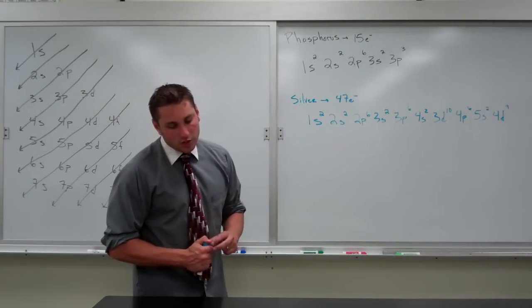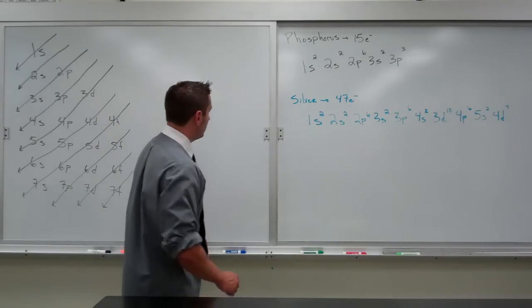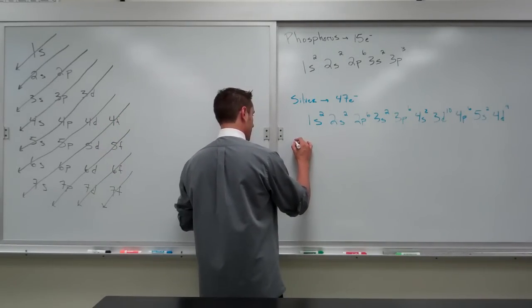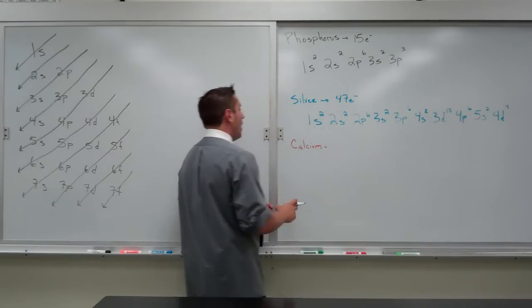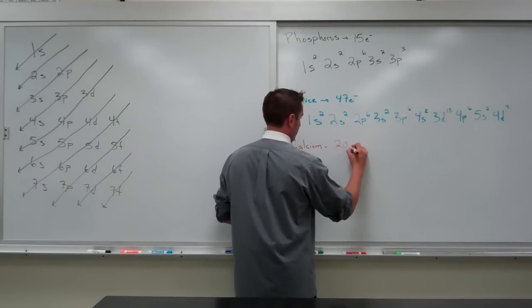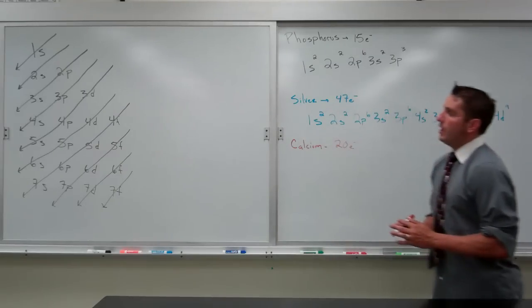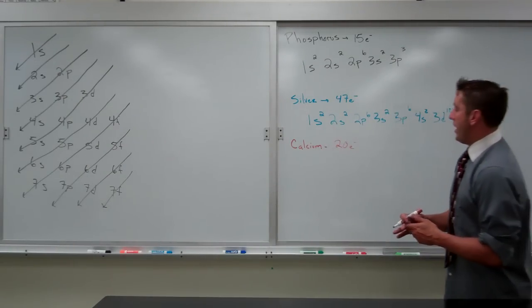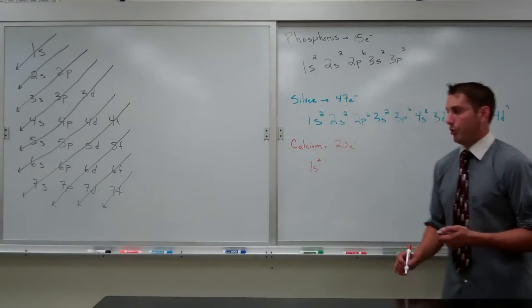Last but not least, let's try something like calcium. Calcium has 20 electrons. So we do the same thing that we were doing before. Start filling. The 1s is first. An s can hold 2.